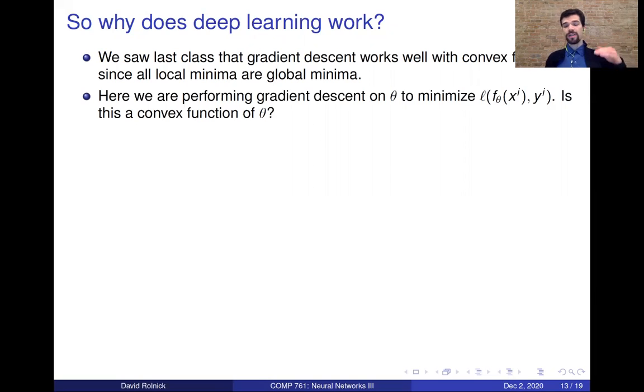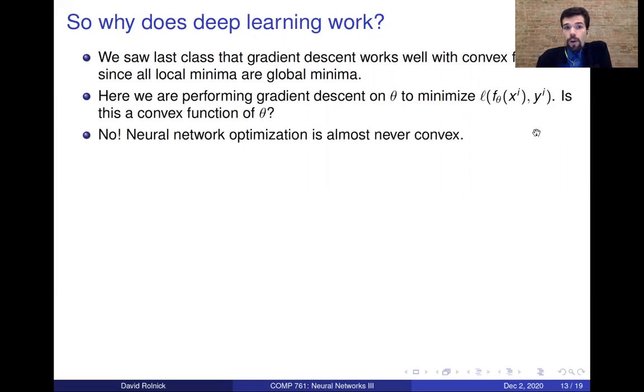So this is the loss function. How is the loss function affected by the parameters of the network? Is it a convex function of the parameters? Generally not, no. Neural network optimization is almost never convex.